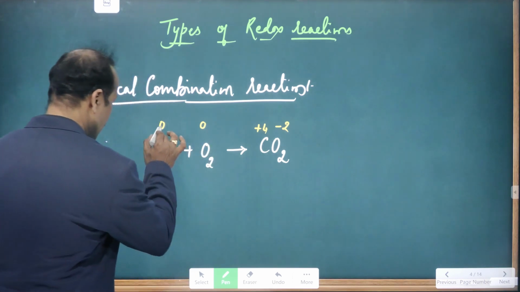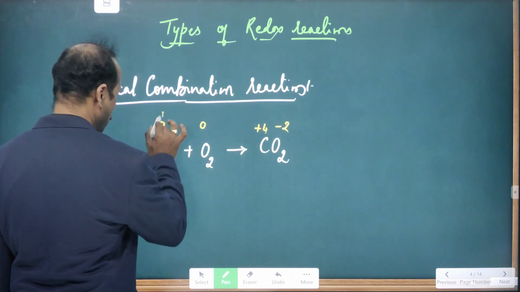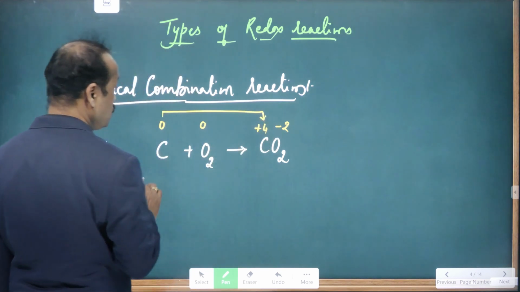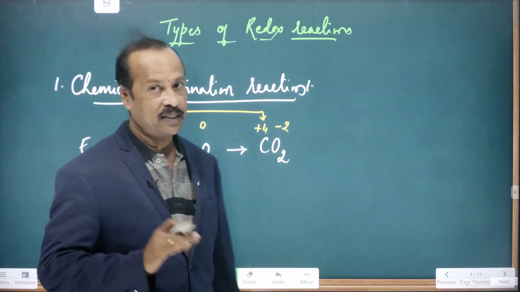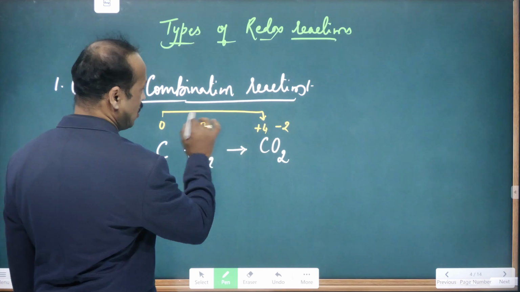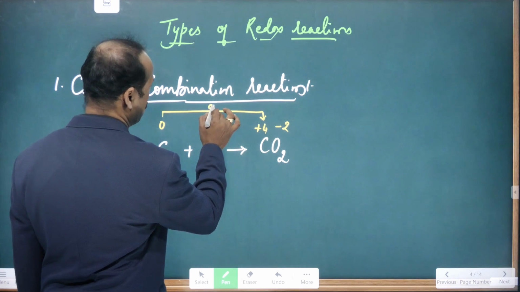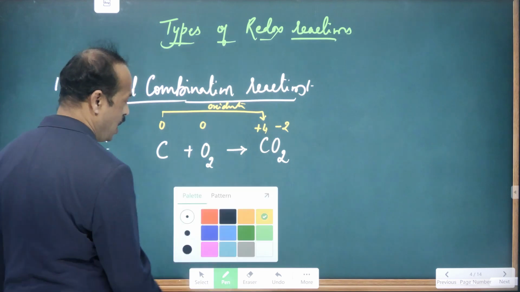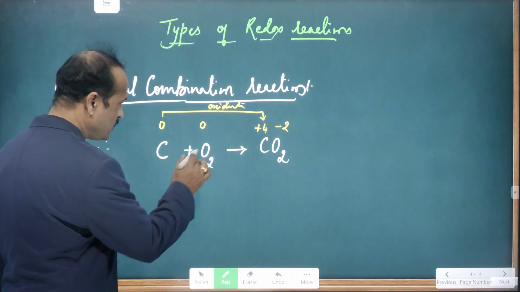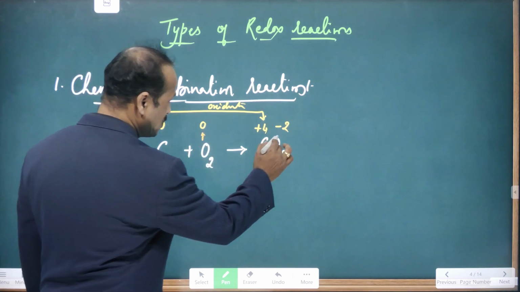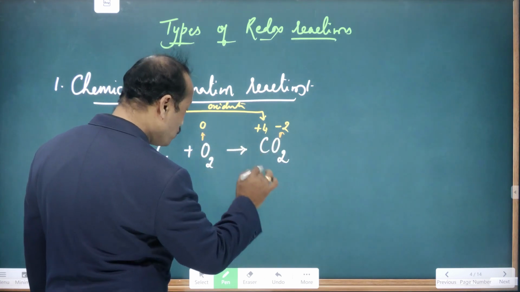Here carbon is 0, and here carbon is +4. So 0 to +4. Is this an increase or not? Increase. So this is an increase in oxidation number. So what is this called? Oxidation. Now let us see oxygen. What is oxygen here? 0. Here you see the oxygen is -2. 0 to -2.